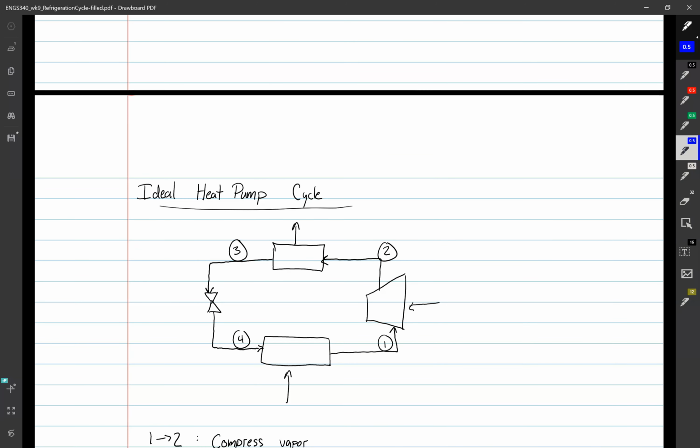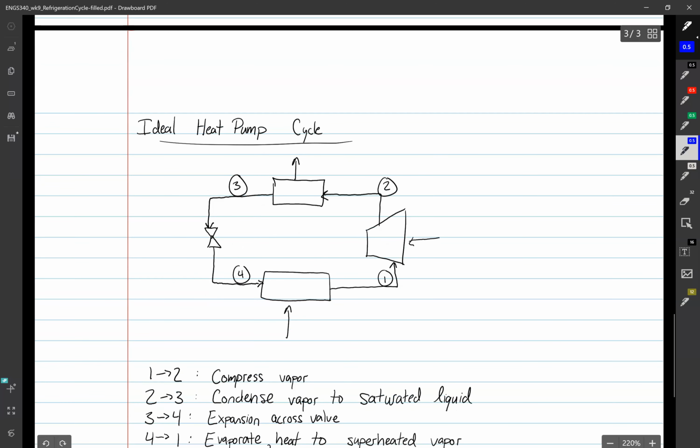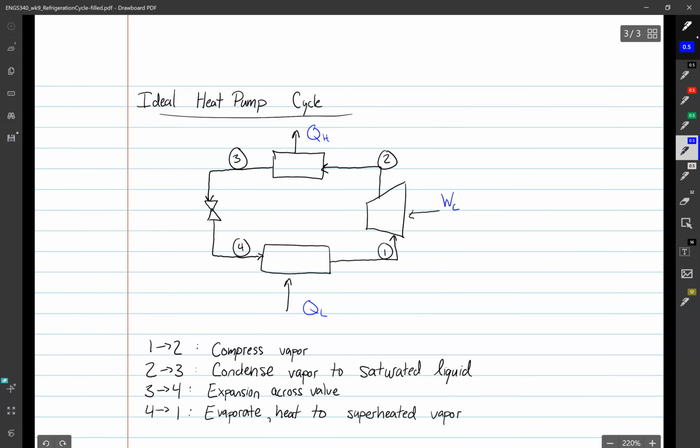If we do the exact same thing, WC, QH, QL, literally the exact same system, but here we have TL and TH in a refrigeration cycle.